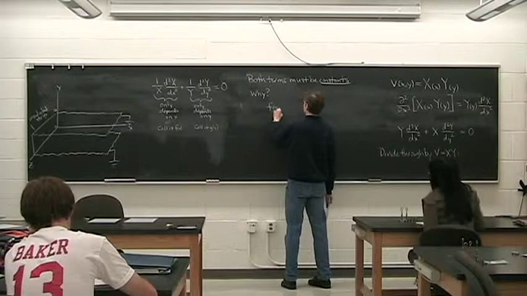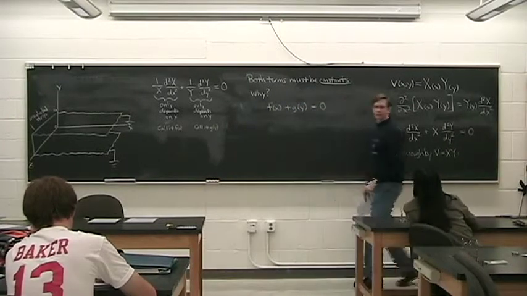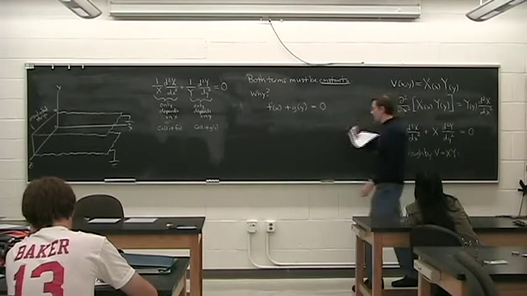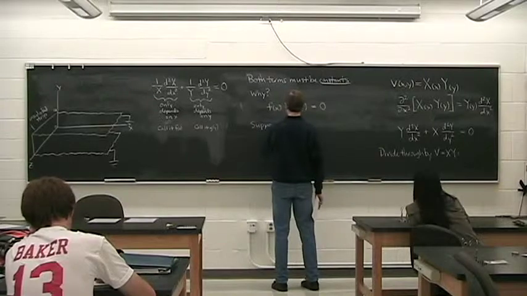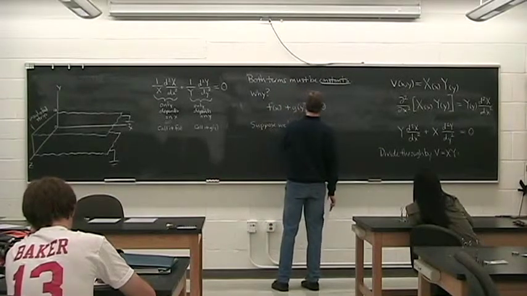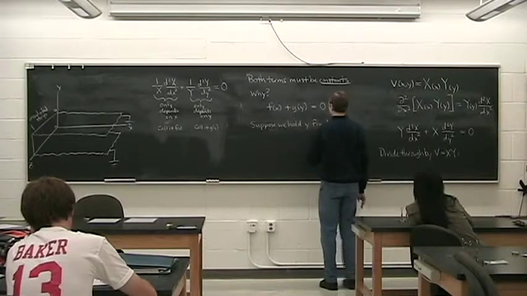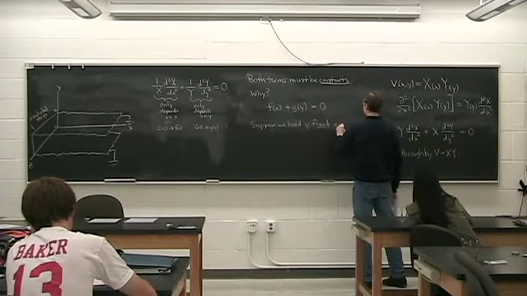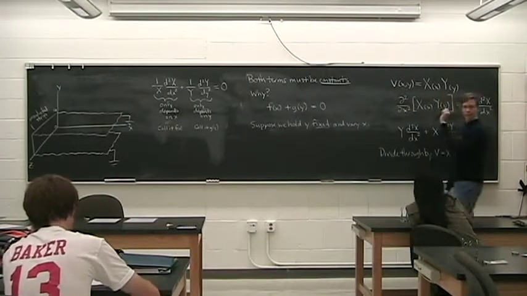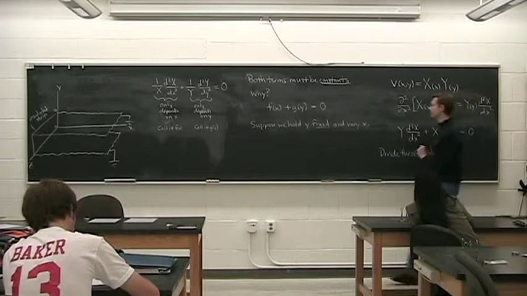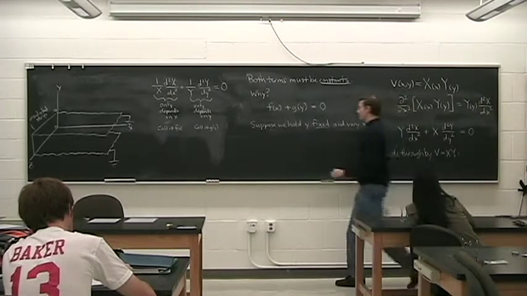Well, we've got f of x plus g of y has to be 0. Suppose we hold y fixed, keep y constant, and vary x. Keep one of the variables constant and vary the other one. So let's say it's y that we're holding fixed, and we're varying x.